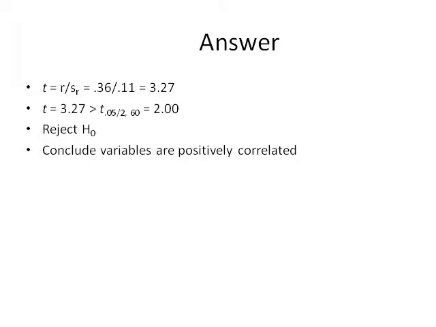From the t-table, the critical value is 2.00 when we use a two-tailed test with alpha equal to 0.05 and degrees of freedom equal to 60, which is computed by taking n, 62, minus 2. In this case, the test statistic exceeds the critical value, and we would reject the null hypothesis. We would conclude that the variables are positively correlated.